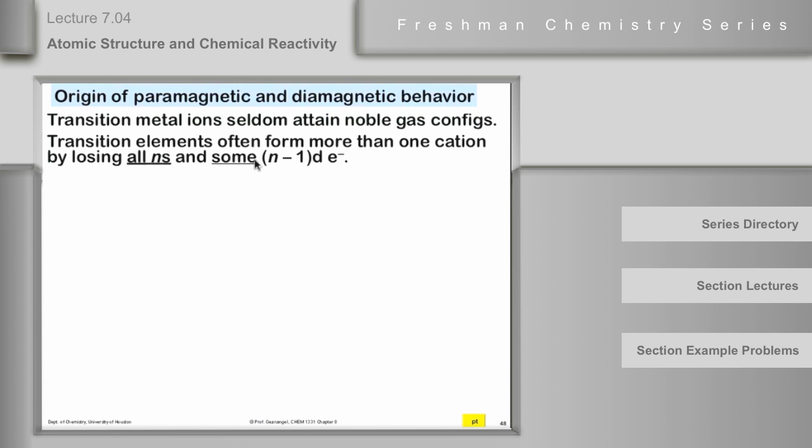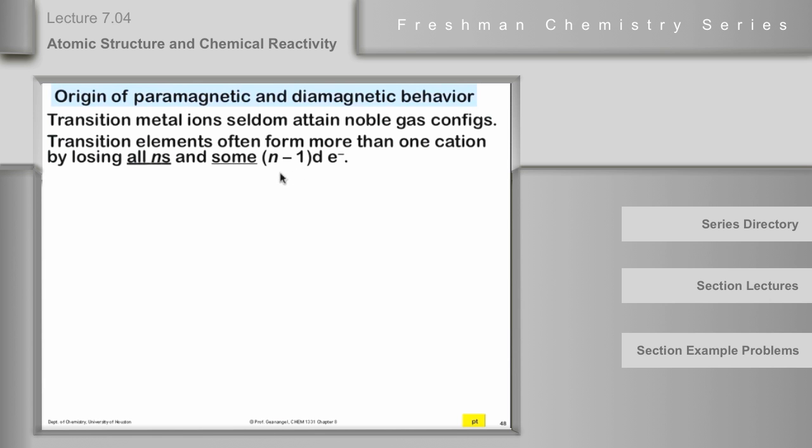Now, usually what we're dealing with in the case of a transition metal is some number of s electrons, which we call ns. This could be 4s, and some number of d electrons. This would be 3d, for example, in the first transition series. 4s, 3d. So we call it n-1 d, meaning 3. Okay, now it could be 5s and 4d, or 6s and 5d.